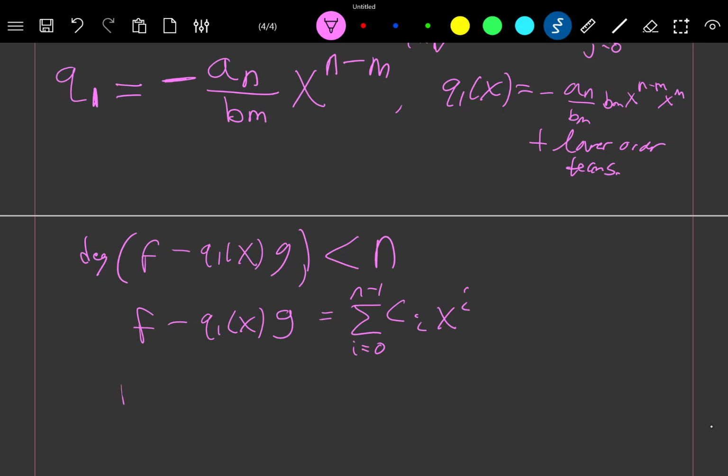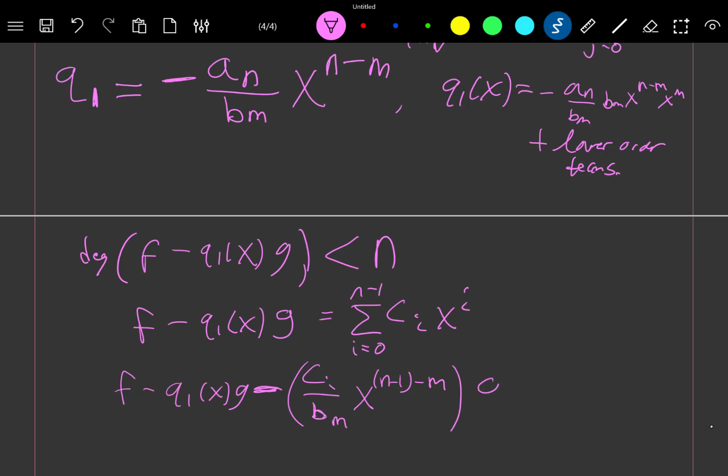Now if we consider f minus q1 of x times g minus, if we want to kill off this largest term here, we want c_{n-1} over b_m x to the n minus 1 minus m.